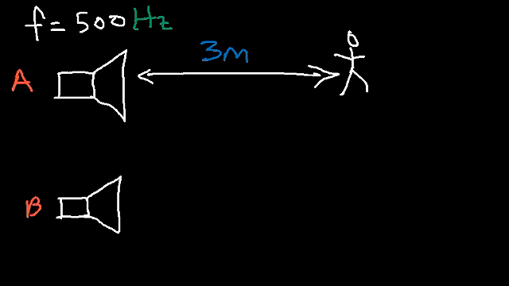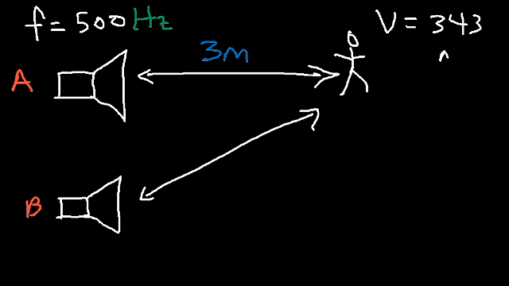Now, how far away should this person be from speaker B in order for destructive interference to occur? Now, there's many values, but what are some values in which he has to be from speaker B in order for destructive interference to occur? What would you say? How would you begin? Now, the first thing you need to do is to find the wavelength. And we're going to use a speed of 343 meters per second.